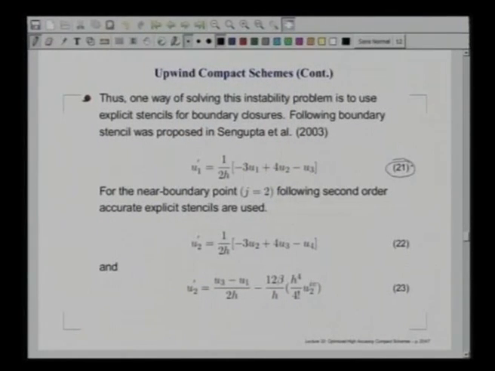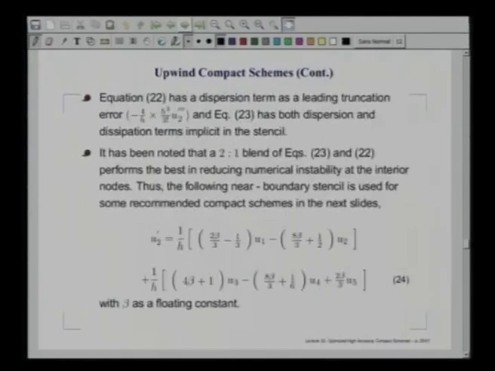Equation 21 is proposed for the first point, and for the second point, j equal to 2, we have taken two stencils given by 22 and 23, and from these two stencils we have constructed this stencil. This stencil ensures that globally we will have a stable system, and that should solve our problem.